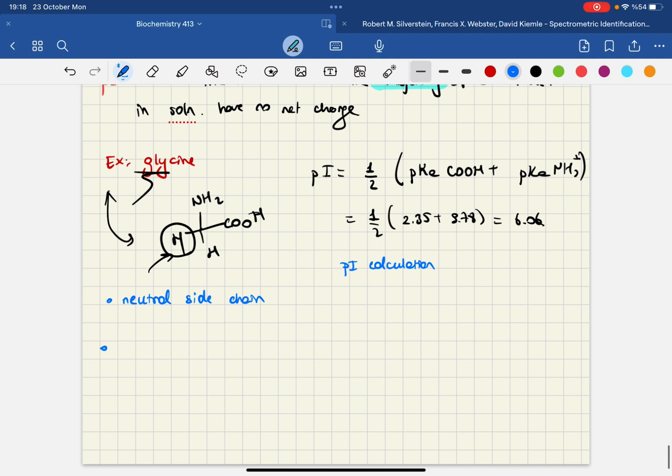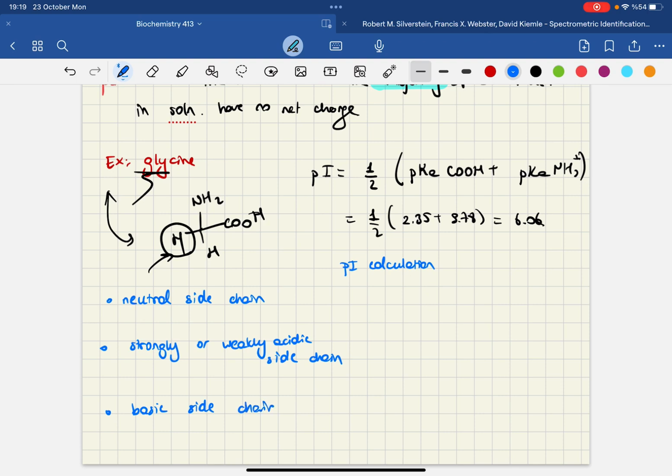And if we had a strongly or weakly acidic side chain, and then we have a basic side chain.